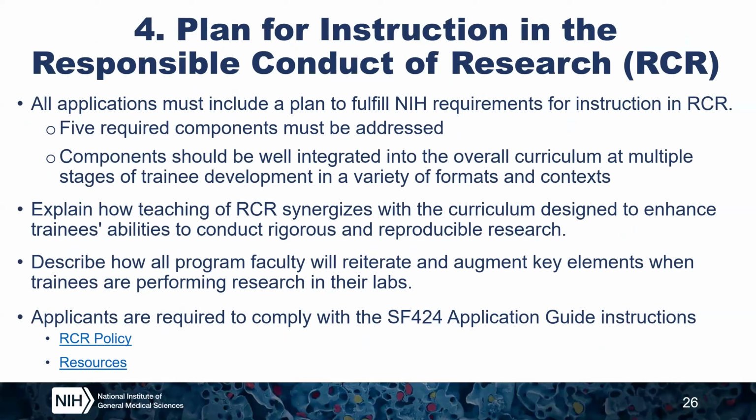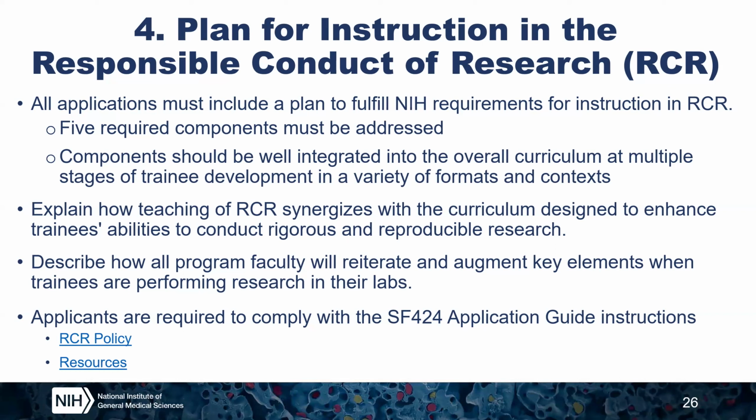Additionally, all applications must include a plan to fulfill NIH's requirement for instructions in the responsible conduct of research. There are 5 components that must be addressed. Components should be well integrated into the overall curriculum at multiple stages of trainee development in a variety of formats and contexts.